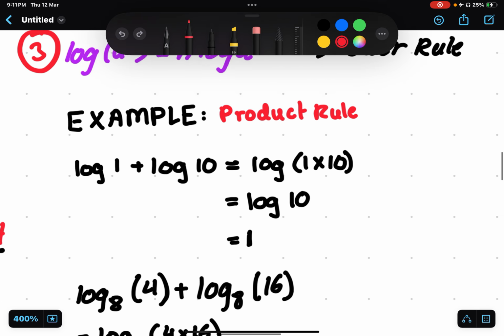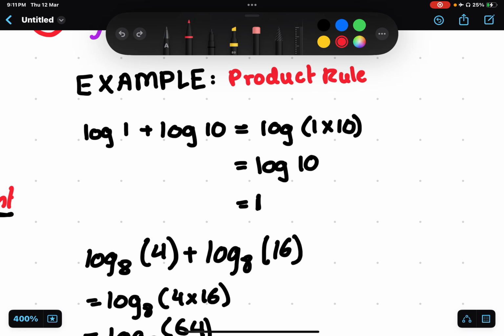And let's look at an example of the product rule. We've got log 1 plus log 10. How do we go about this?